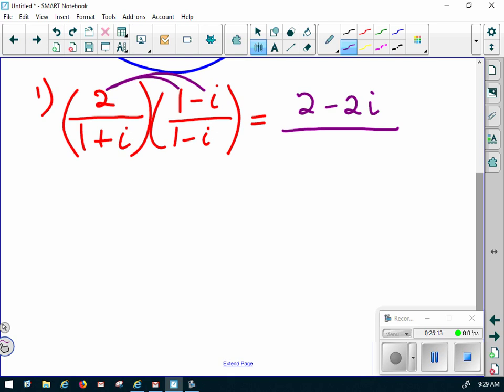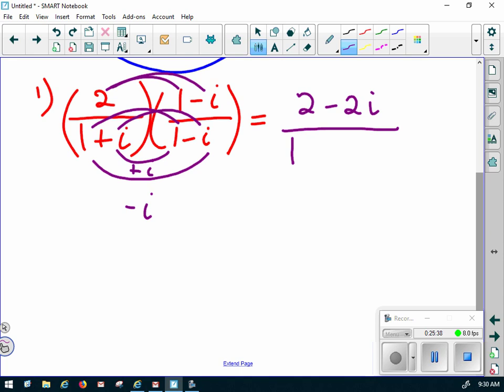Here. 1 times 1? Now, what's this? No, what's 1 times negative i? That's negative 1i. What's i times 1? What do those do? Now, plus or minus.